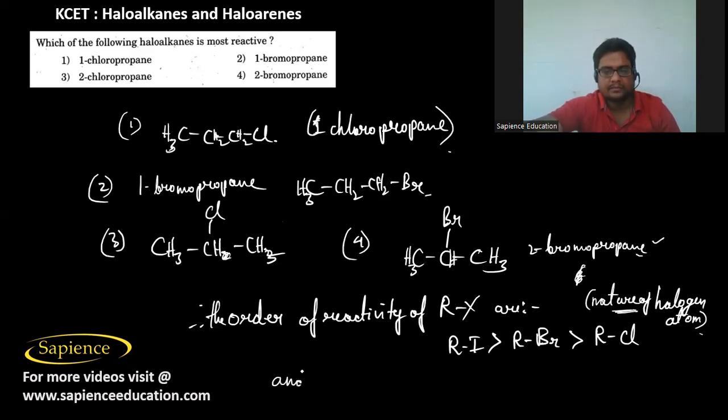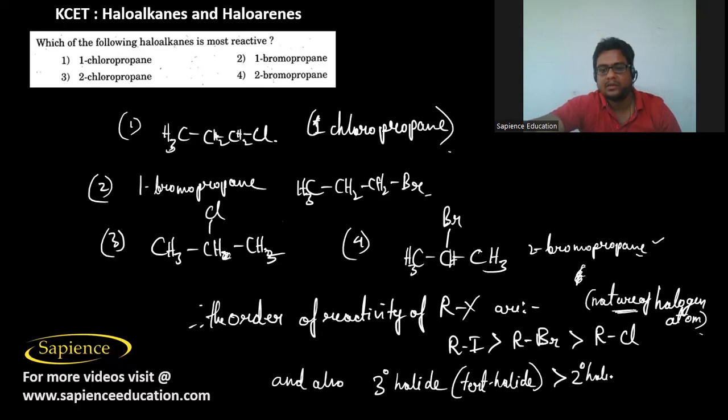And also, a 3-degree alkyl halide, or tertiary halide, is more reactive than a 2-degree or secondary halide, which is more reactive than a 1-degree or primary halide.